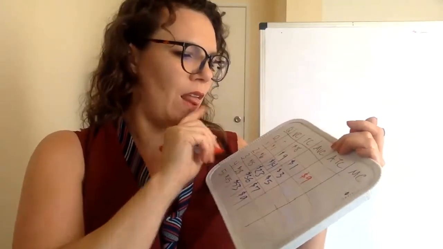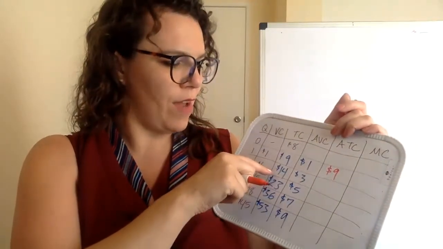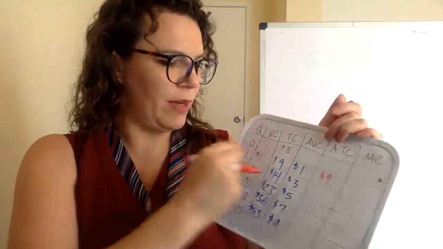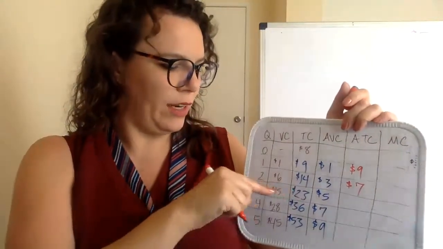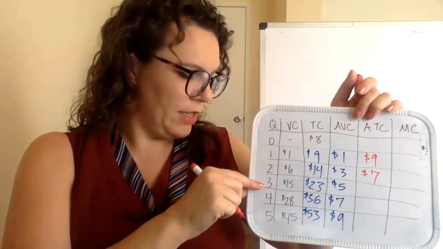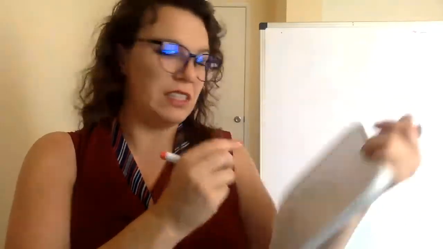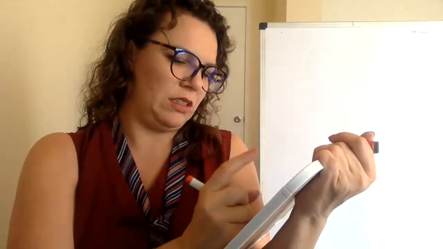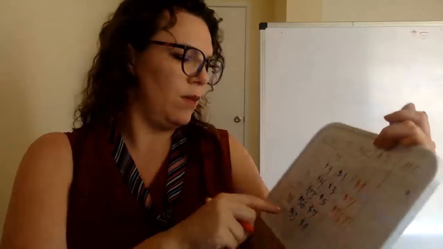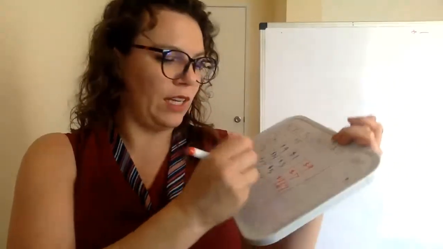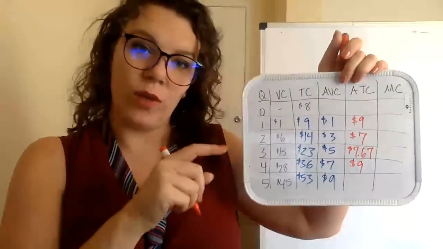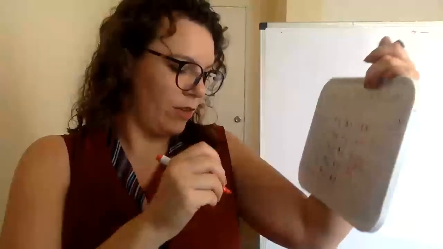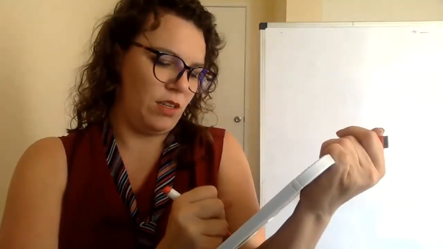We also have average total cost of 14 divided by 2, or 7. 23 divided by 3 is going to give us an average total cost of 7.66, or 7.67. 28 divided by 4 gives us an average total cost of $9. And then 53 divided by 5 gives us an average total cost of $10.6.